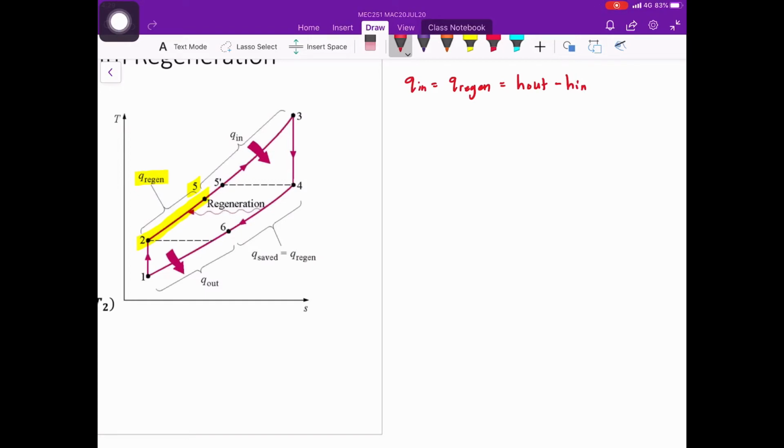Heat transfer during the regeneration process is equal to enthalpy at the outlet minus enthalpy at the inlet. We obtain this equation since we neglect the changes in kinetic and potential energy. The heat exchanger is not a work-producing or work-consuming device, and process 2 to 5 will receive heat from process 4 to 6.